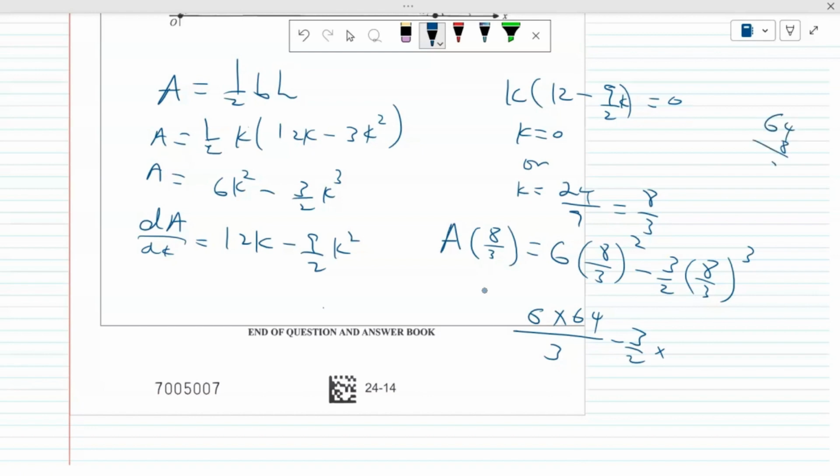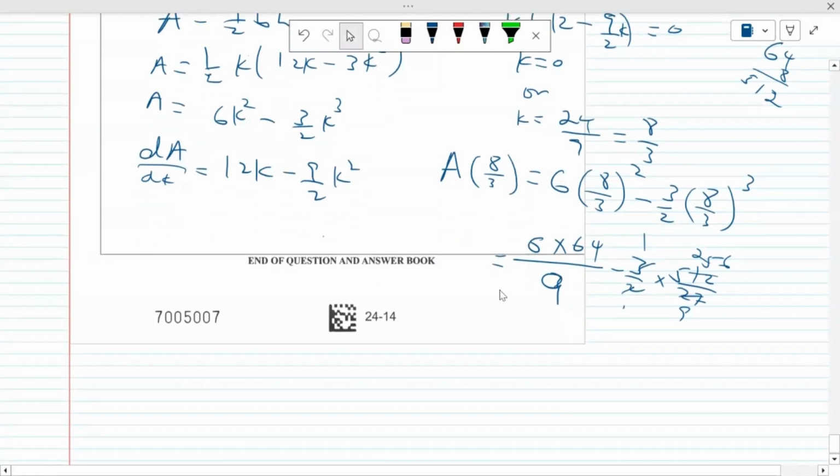So that's supposed to be 9, isn't it? So that's going to be 8 over 9. So that has to be 9, because 3 is squared.